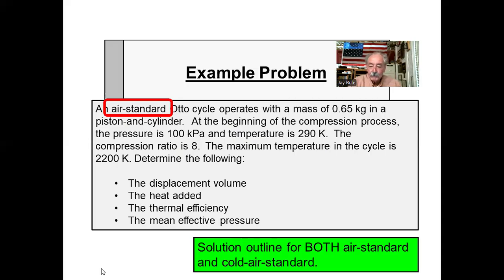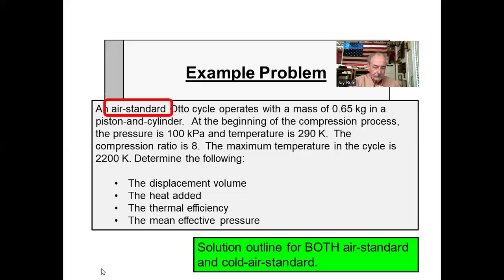At the beginning of the compression process, the pressure is 100 kPa and the temperature is 290 K. The compression ratio is 8, that's Vmax over Vmin is 8. The maximum temperature in the cycle is 2200 K.